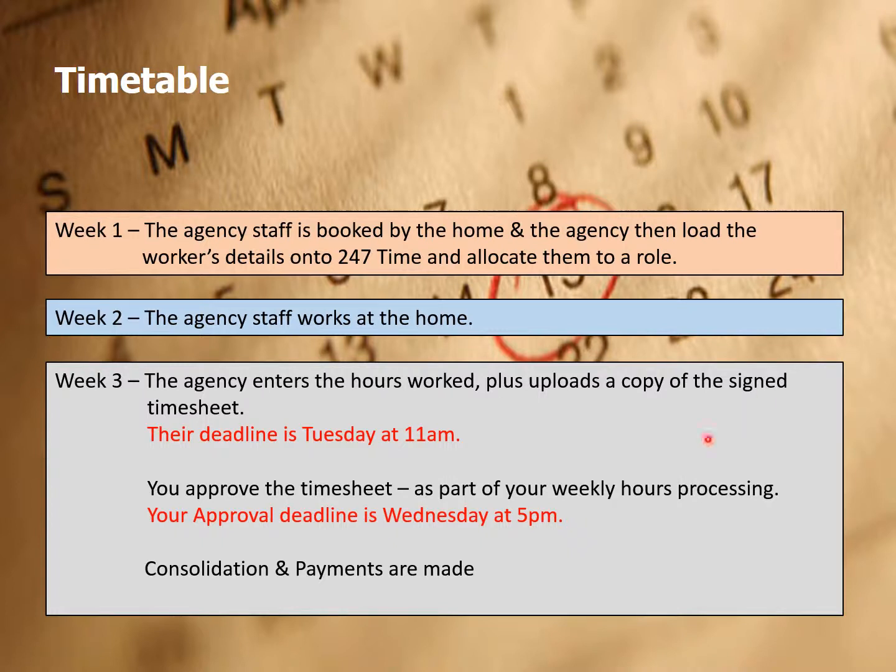So for example here you can see that the deadline for the agency is by Tuesday at 11 AM. They should have all that information on the timesheets ready for you then to go in and approve. And as an approver, you then approve by Wednesday at 5 PM. And as a result of that, we do what's called a consolidation, and then the payment files are generated.